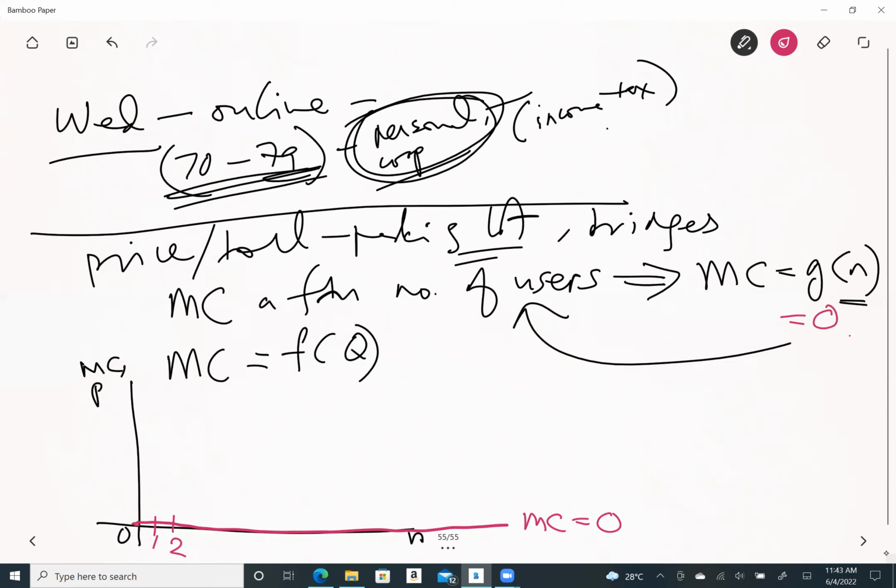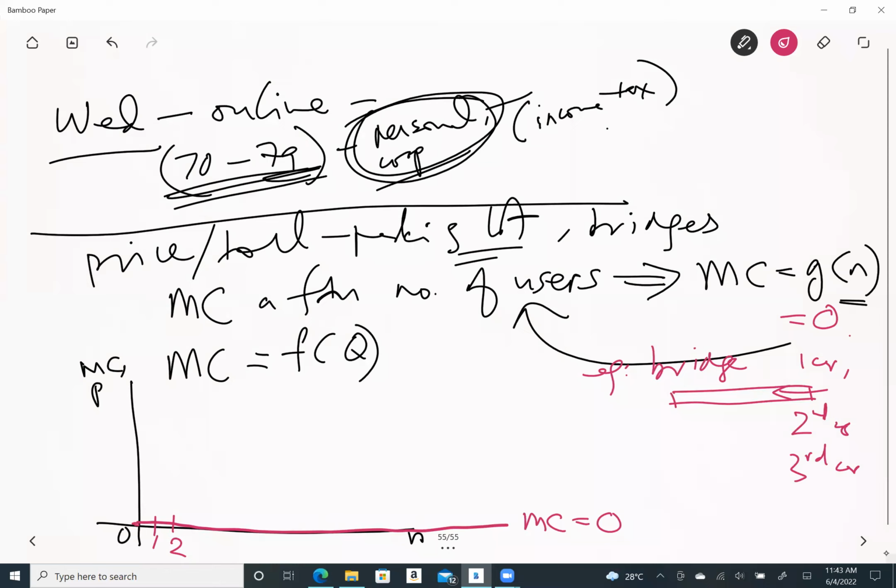For example, the bridge is already built and provided, one car uses it, and then a second car uses it. Is there any additional cost? No, because the good is already provided. So the third car and so on.